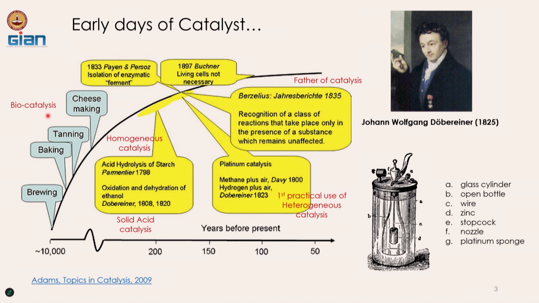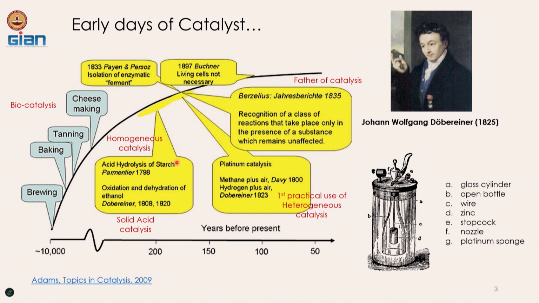So in modern days, coming back some 200 years, in 1798, that was the first instance when we looked at homogeneous catalysis, where we were doing some acid hydrolysis of starch. When dilute sulfuric acid is reacted with starch, we were getting sugar-type molecules.